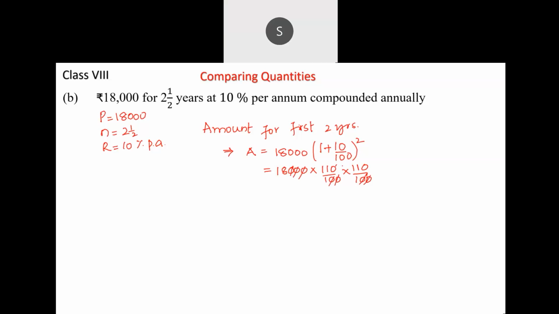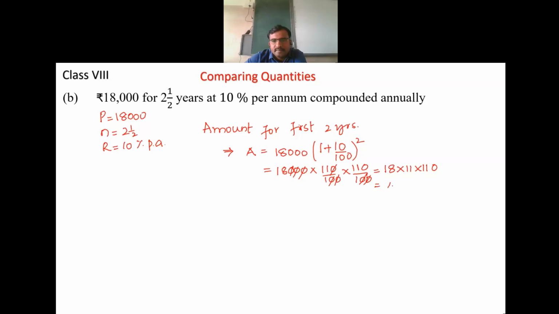Finally, what we get is 18 into 11 into 110. Let's multiply this. 21,780. This is not the amount for 2.5 years. It's only for the first 2 years.